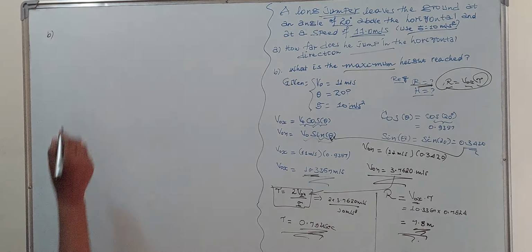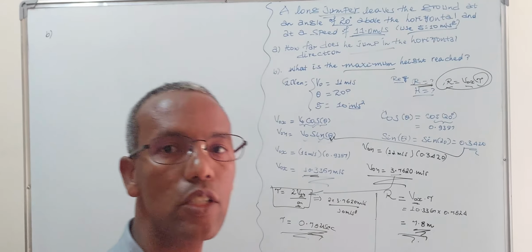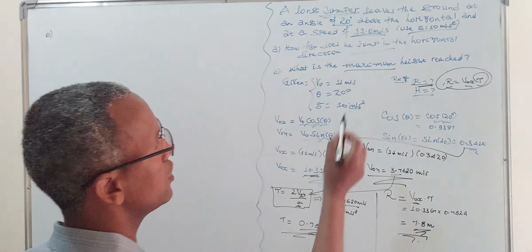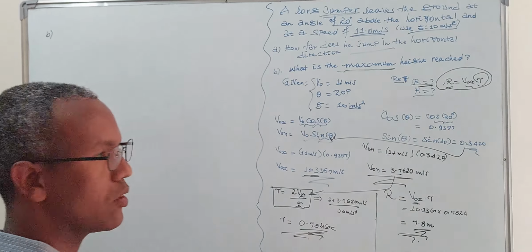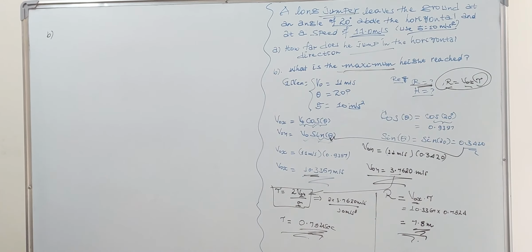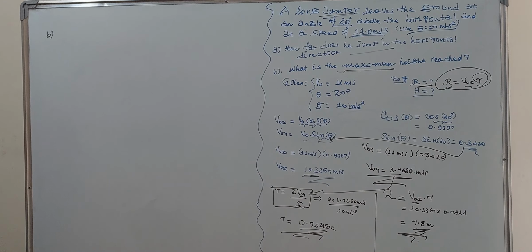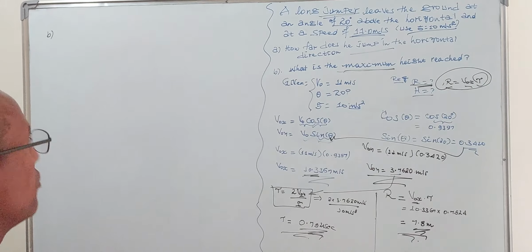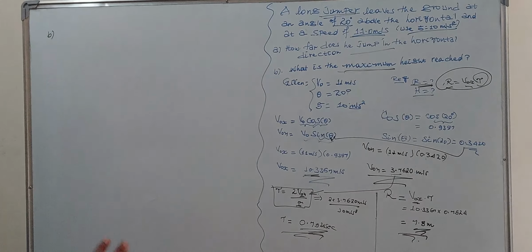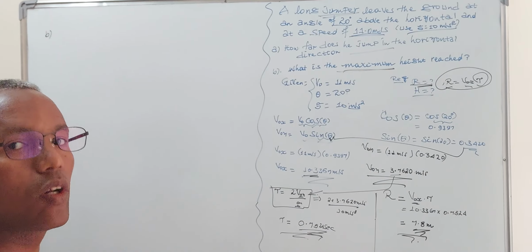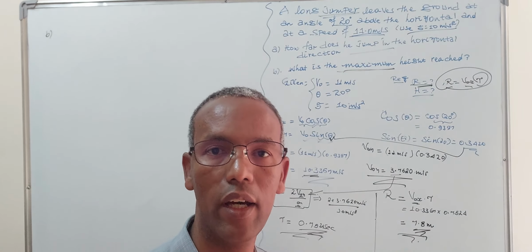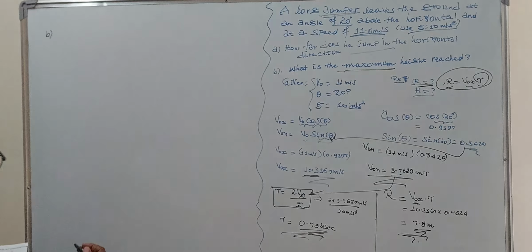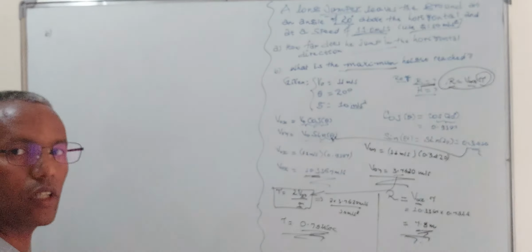Those are especially the maximum height, the maximum y component. You need to know that. What I was trying to say is the final vertical component, which we call the maximum vertical velocity.